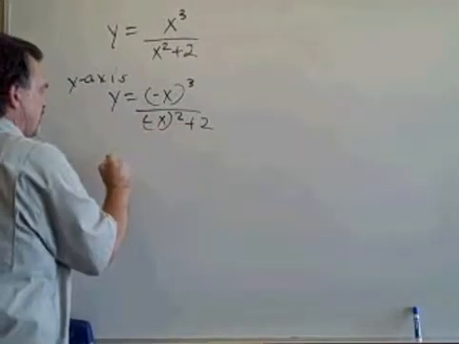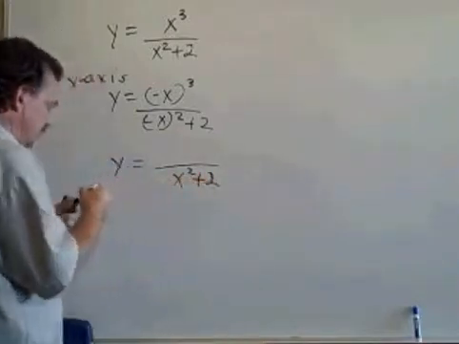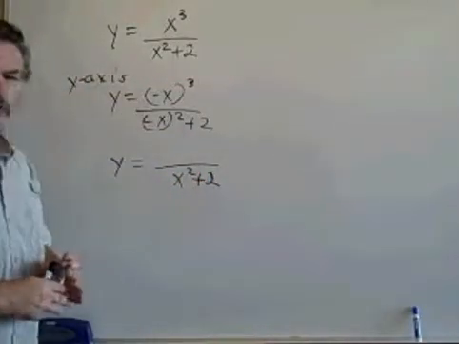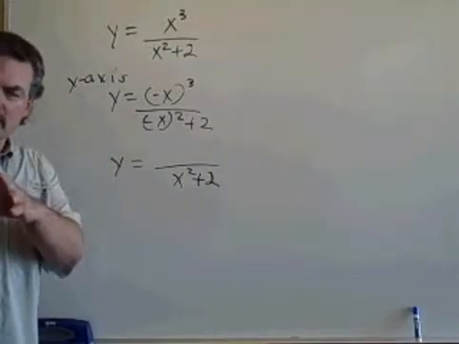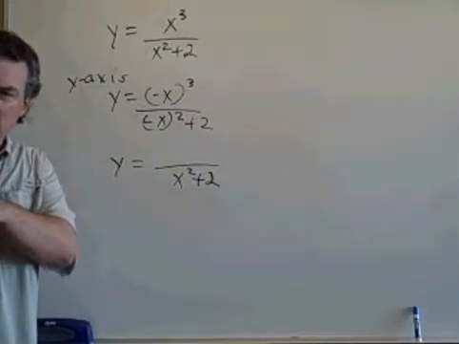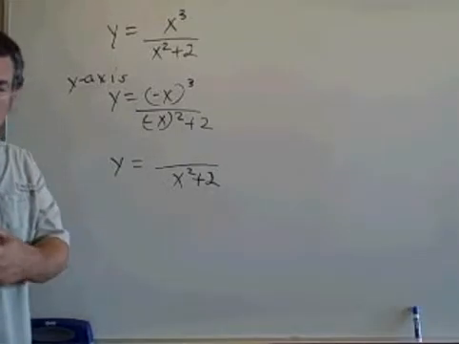Well, the square of minus x is the same as the square of x, isn't it? But what's the cube of minus x? What's the cube of negative 2? How does it relate to the cube of positive 2? Isn't it the opposite of the cube of positive 2?